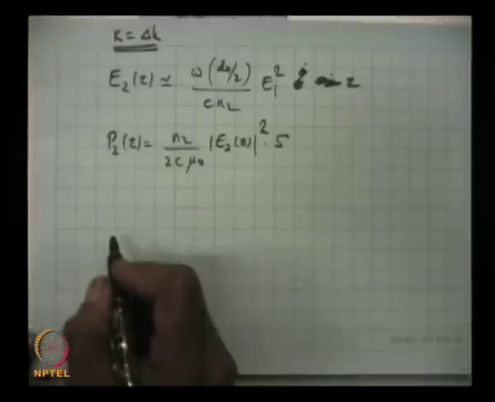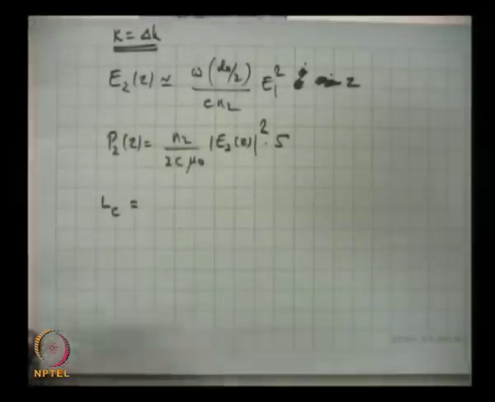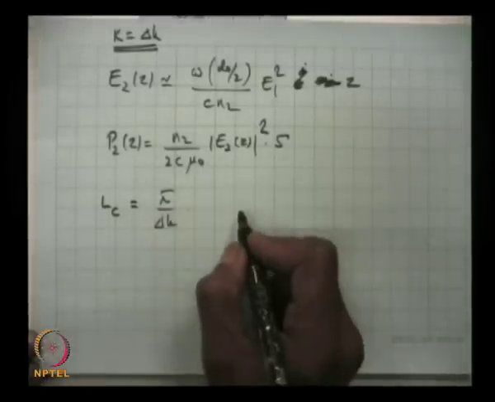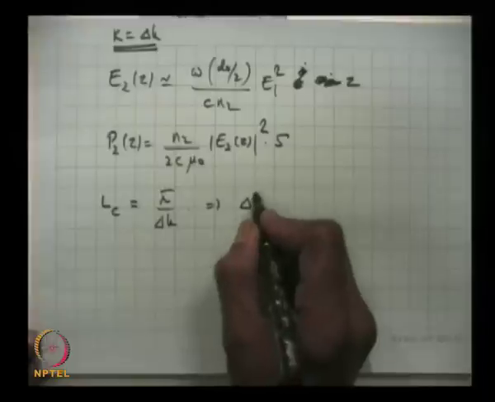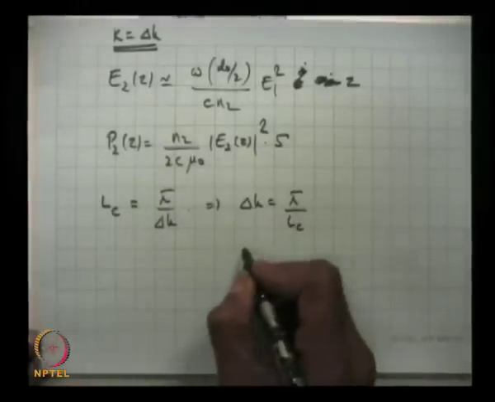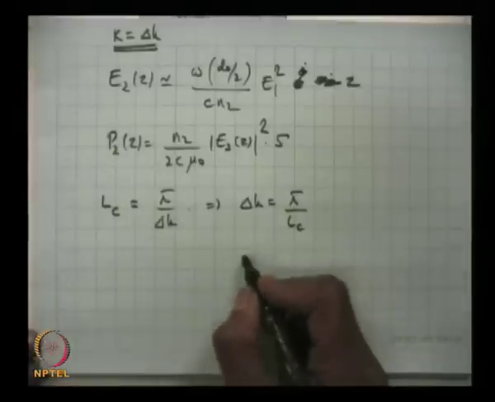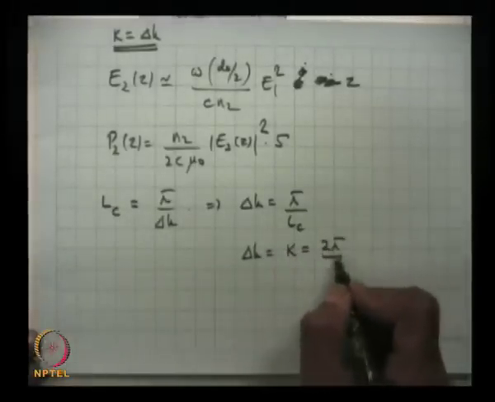What is this capital K delta k? So, what is the coherence length? Pi by delta k. So, this implies delta k is equal to pi by coherence length, and this is called quasi phase matching. For quasi phase matching, delta k is equal to K is equal to 2 pi by lambda.